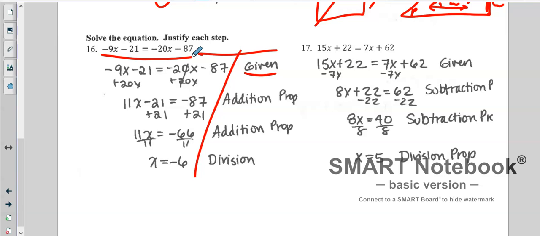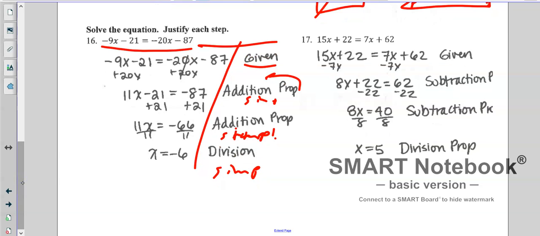Either way, I'm going to be adding. No matter which one of those I did, I'd be adding. Now, technically, that should be up here, and then we write simplify, and then addition property and simplify. Okay, so then what I do here, I add it again, right? And then here I have the division property, and then I finally simplify.